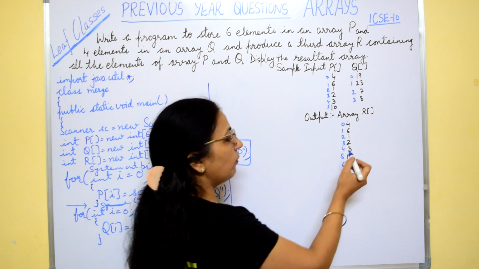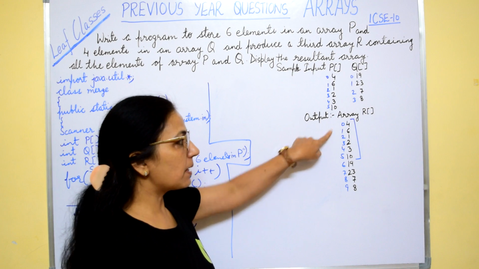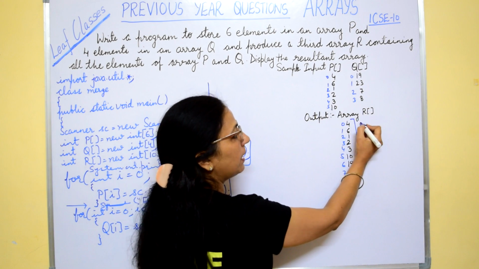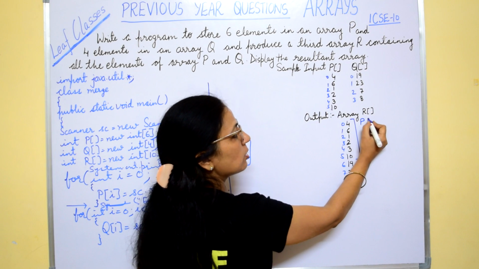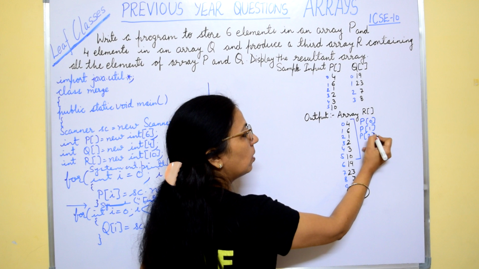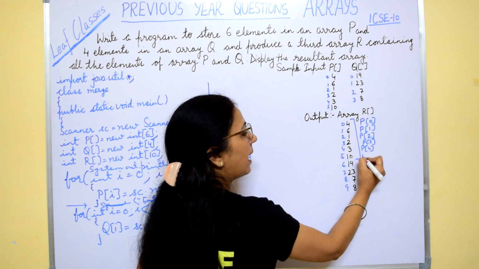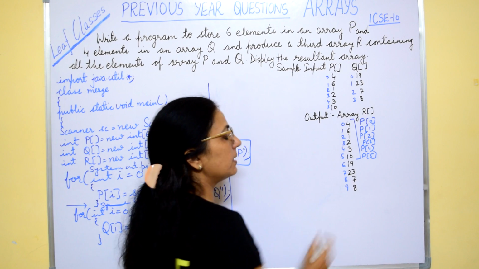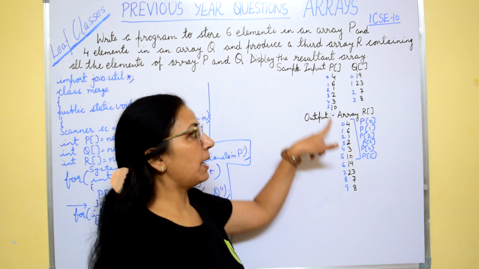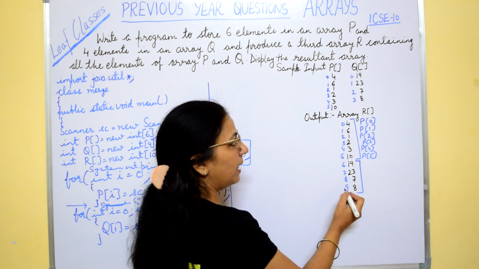Now if you see the elements, the first 6 elements, that is from subscript 0 to subscript 5, these elements are from array P. This element 4 is of P0, this is P1, P2, P3, P4 and P5, right? So here the first 6 elements are from array P and next 4 elements are from array Q.